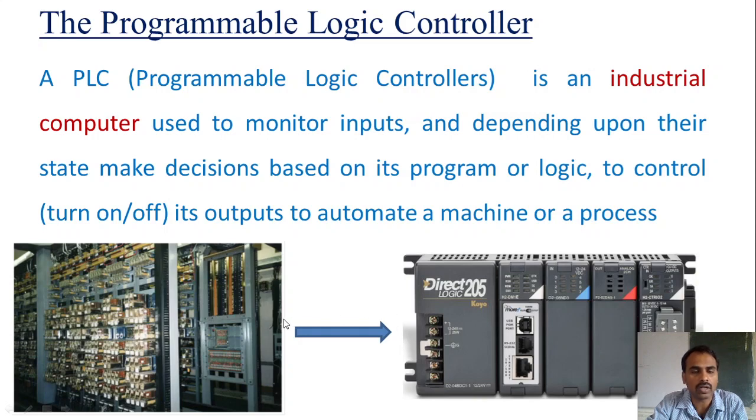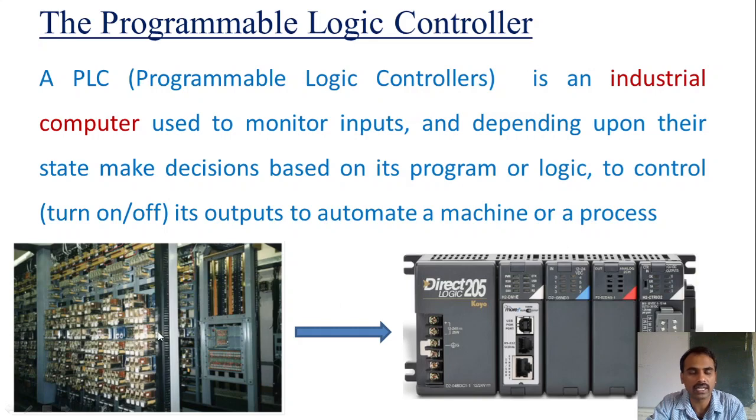Before that, if you wanted to automate a machine or a process, for example, if you had to keep a machine running for an hour and then switch it off, the effort required to automate such a process needed hard relay systems, which involved a lot of effort and complexity. So to overcome such a scenario, in the 1960s and 1970s the PLCs evolved such that they can be efficiently used to automate a machine or a process.